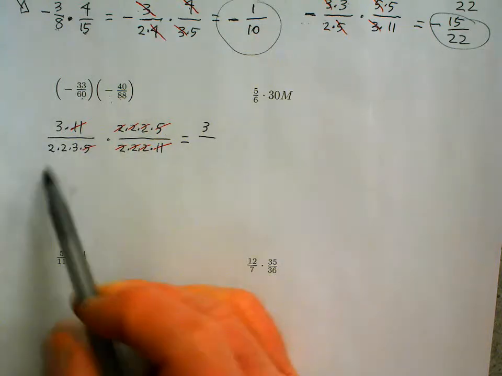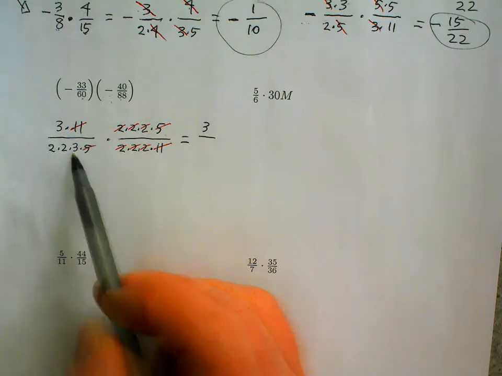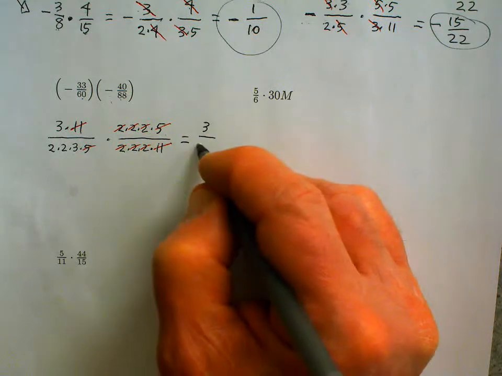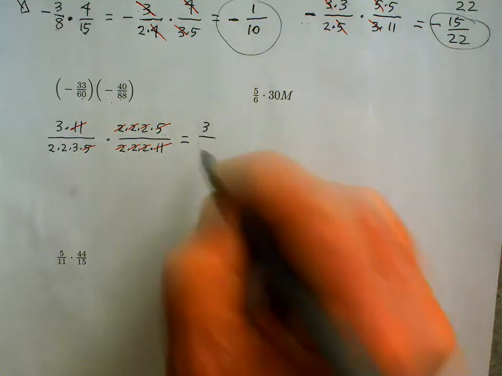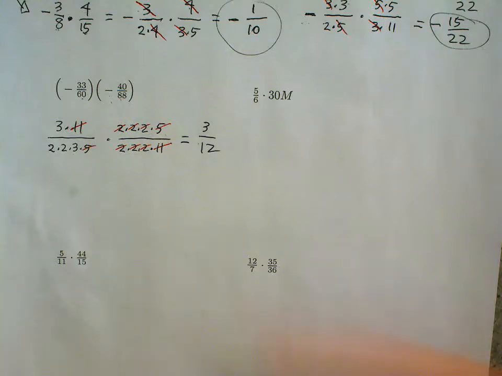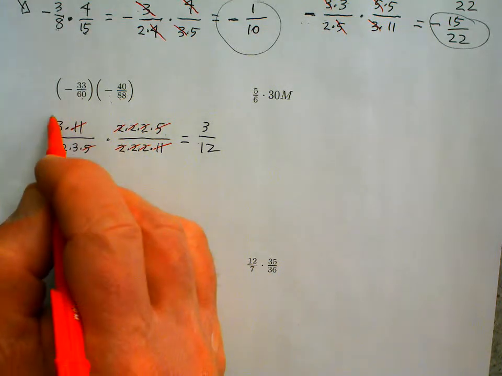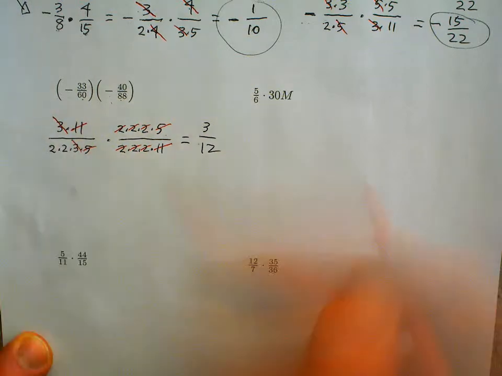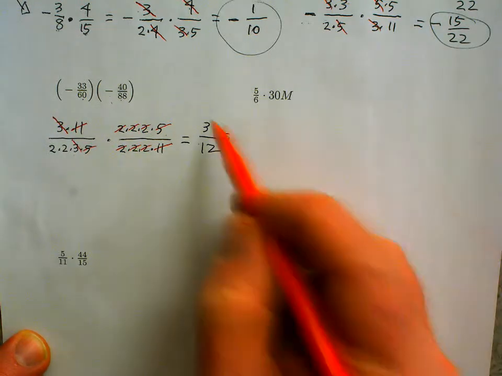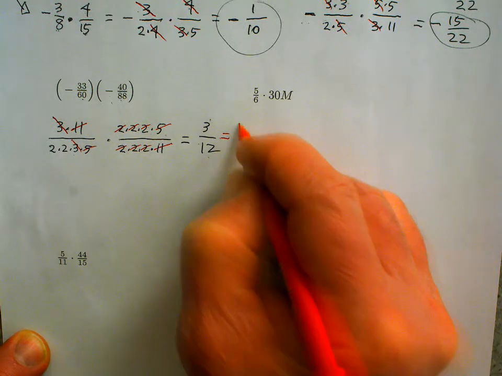And in the denominator, 2 times 2 times 3 is 4 times 3, or 12. Wow, I'm really slow today. We had another cancellation, 3 divided by 3. So 3 divided by 12 simplifies to 1/4.